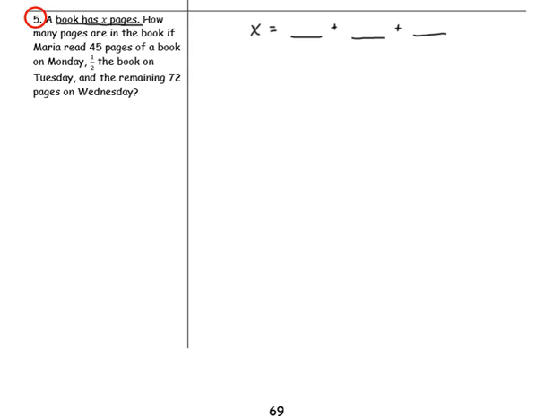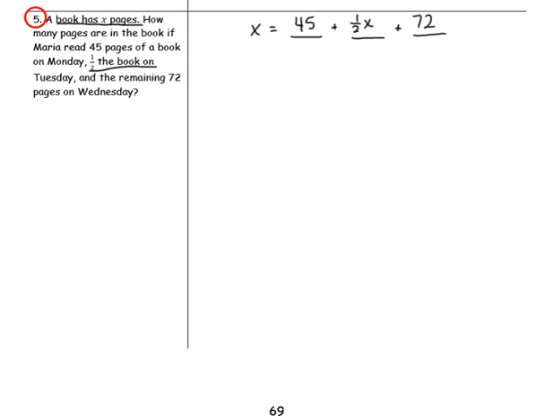She read 45 pages of the book on Monday. She read half the book on Tuesday. The book has x pages, so half of that would be 1/2 x, or x divided by 2. And then the remaining 72 pages on Wednesday.